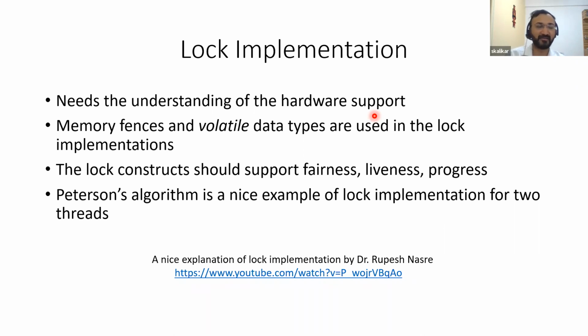And that's why we are advised to use these lock constructs, to consider that there is a weak consistency model and still ensure that your program is correct. So it is a compromise between performance and hardware support for your concurrent program. I hope this answers your question.